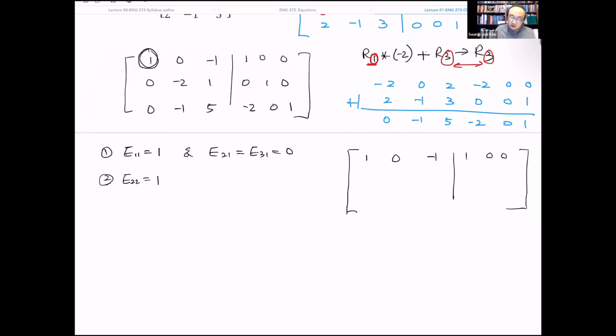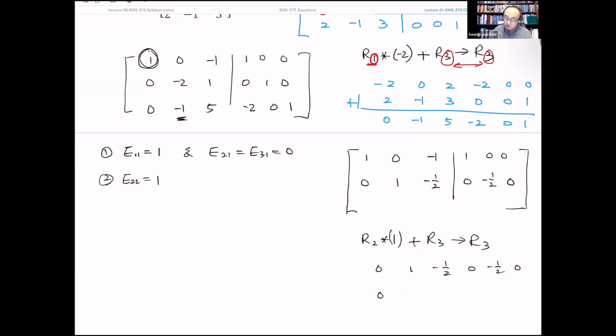Second row, we're going to divide everywhere by -2: 0, 1, -1 over 2, 0, -1 over 2, 0. To make these guys 0, we can do R2 times 1 plus R3, put it back to R3. So 0, 1, -1 over 2, 0, -1 over 2, 0.